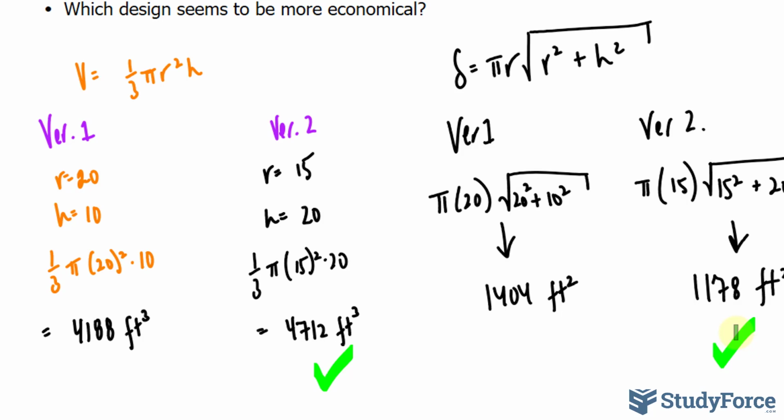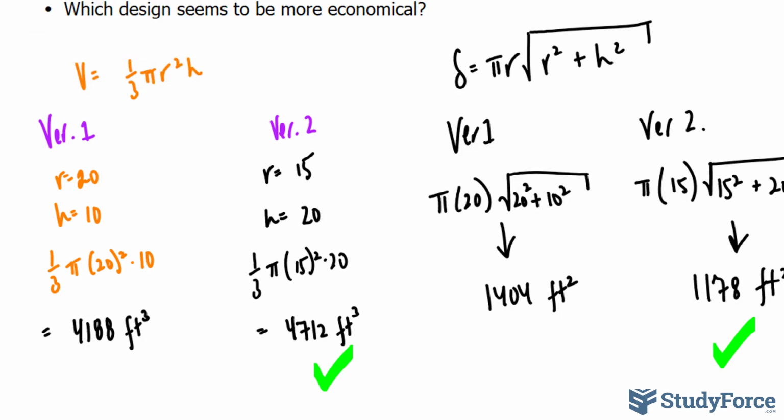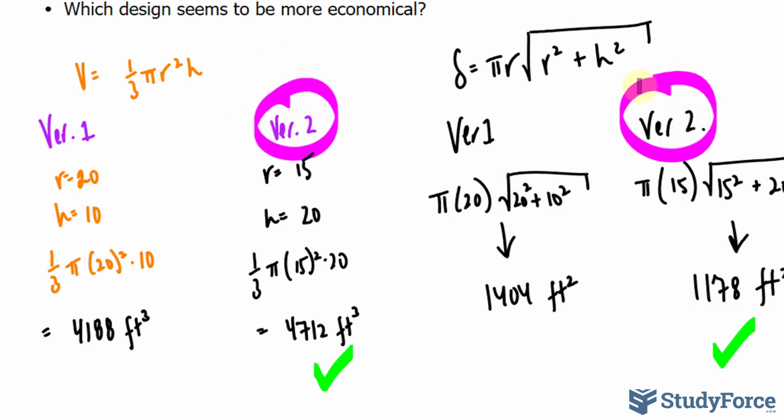So in this case, it would be better to go with 1,178 over 1,400, which means more material cost. The better version, therefore, is version 2. Now, of course, you can make different arguments and say that it's better for it to be wider so that things can go in and out more easily. But for the sake of simplicity, we'll just say that version 2 will help save us on cost.